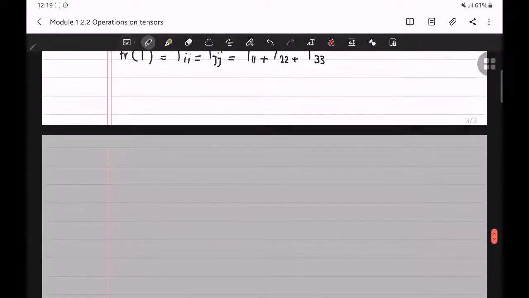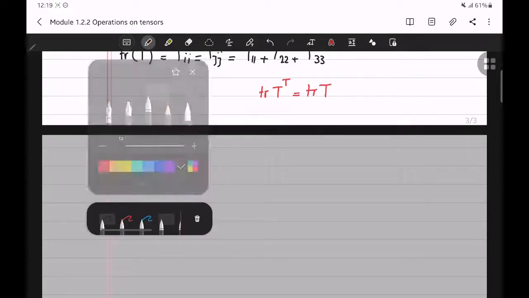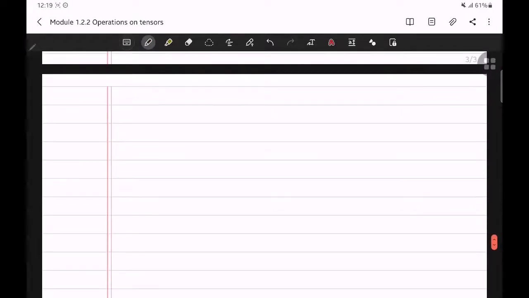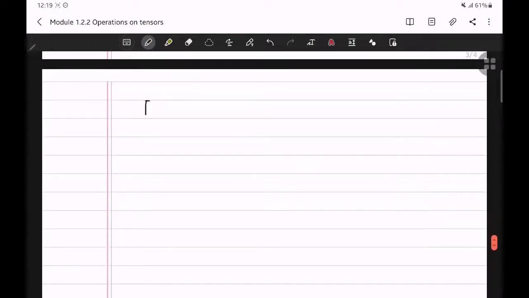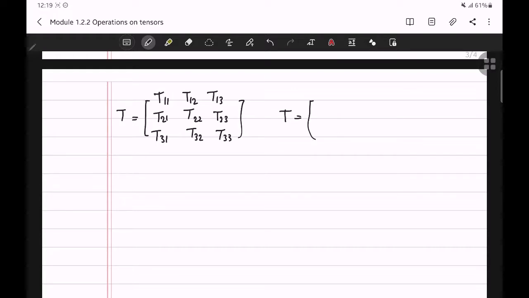All right. There's also another property you have to know. The trace of T transpose is equal to the trace of T. Why? Because during the definition of the transpose, we already mentioned that if you have T11, T12, T13, T21, T22, T23, T31, T32, and T33, this is T. If you transpose it, you swap the rows and columns.